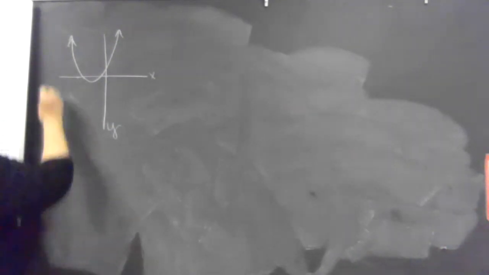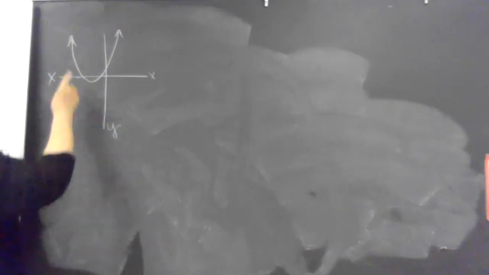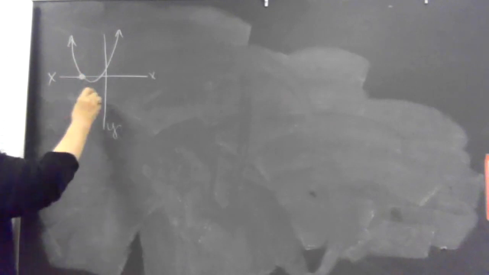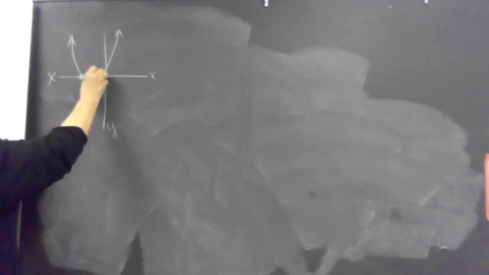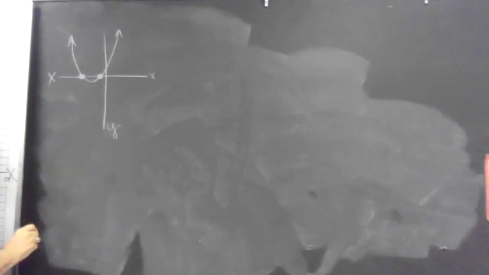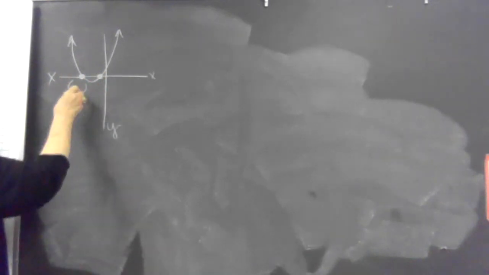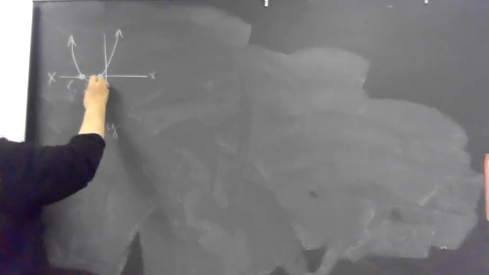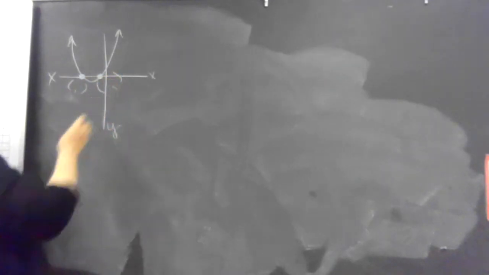The x-intercepts are where the picture crosses the x. So this point is an x-intercept. This point is an x-intercept. So this will have some point, an x and a y, and this will have an x and a y coordinate.